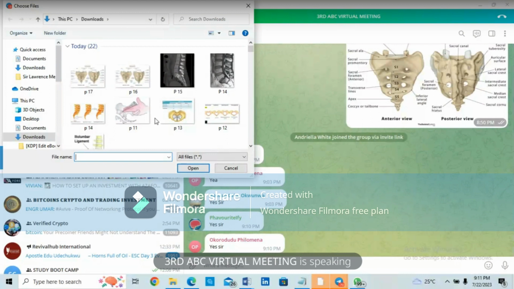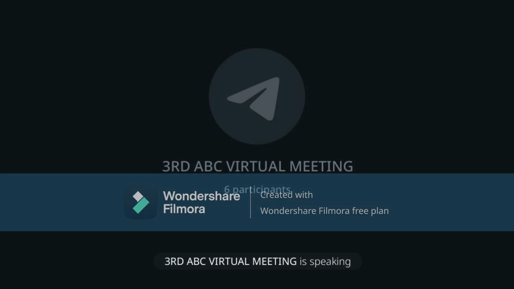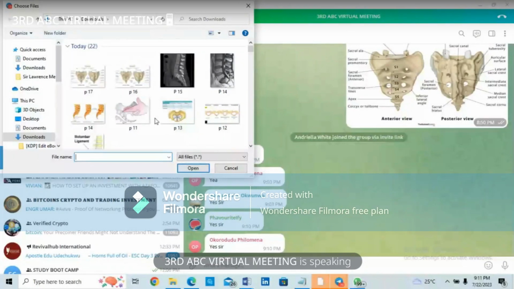So what do they do? They measure this diameter. The normal diameter they usually measure is the anterior posterior diameter, which extends from the posterior superior aspect of the pubic symphysis.